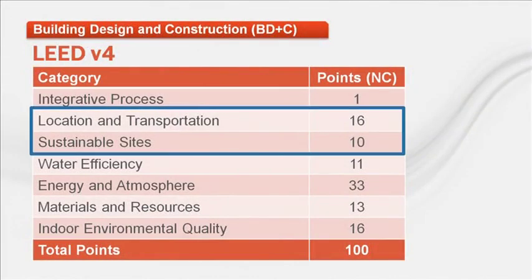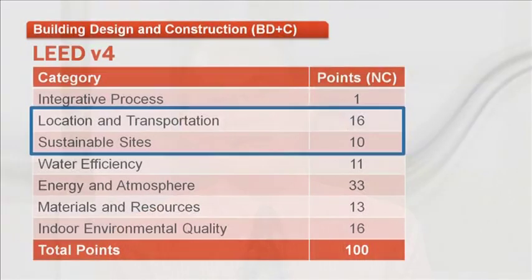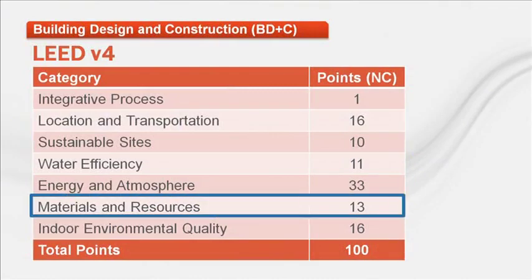First, the sustainable sites category has been split into 2 categories for V4: locations and transportation, and sustainable sites. The goal was to make the category name more relevant to the credits. Secondly, the materials and resources category has a lot of changes, which attract most of the attention during the review periods.